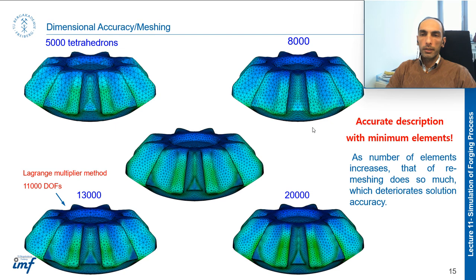The best situation is to obtain the most accurate description with the minimum elements, because if you increase the number of elements, then the simulation time will increase. So you should choose the number of elements which gives a logical answer in your simulation.